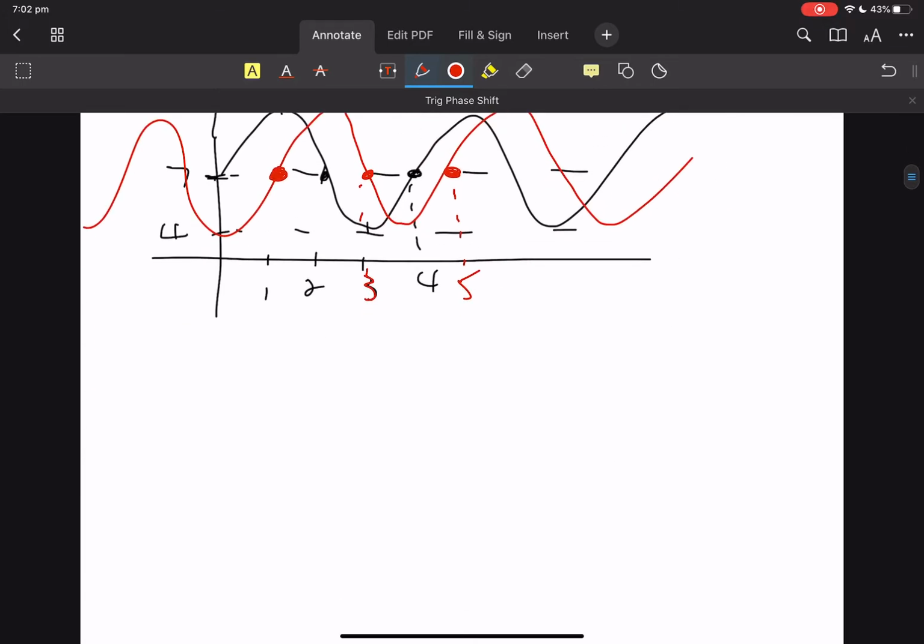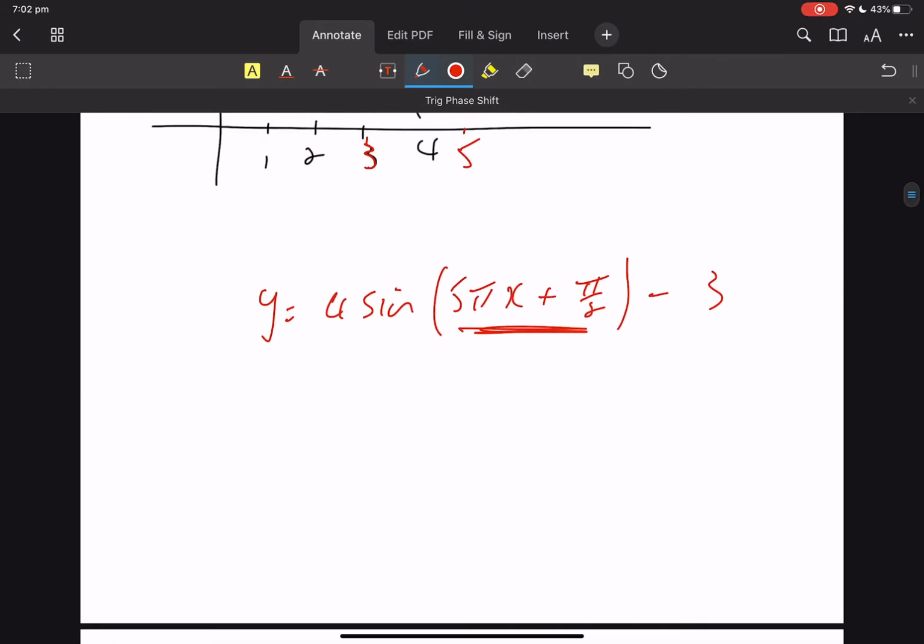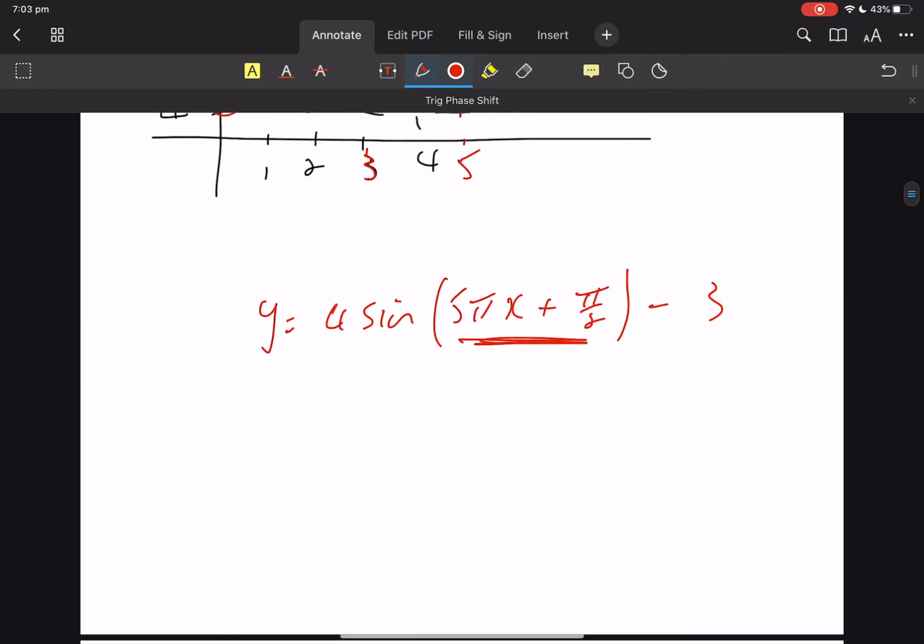At some point you might have something like 5 pi x plus pi on 2 minus 3. If it's not in the right form, you're going to have to get it in the right form by factorising stuff out. So you can't have a coefficient in front of that x.